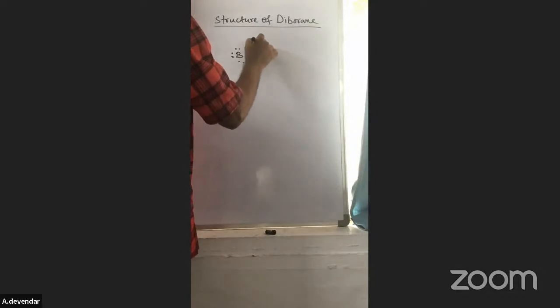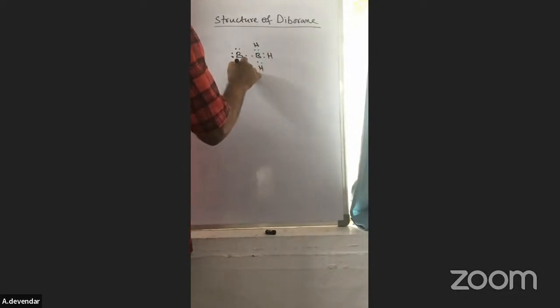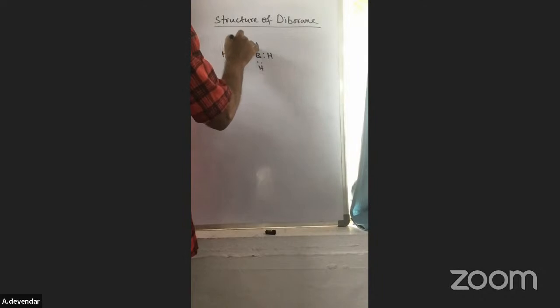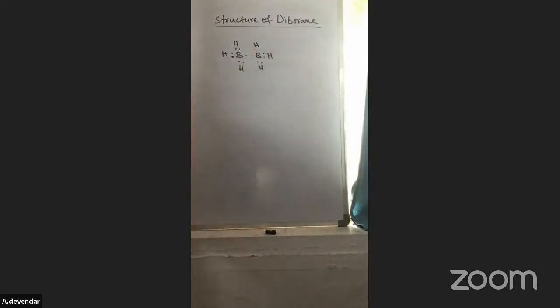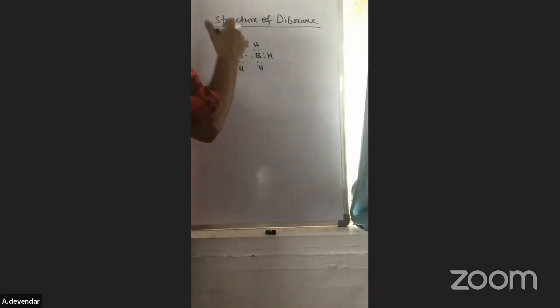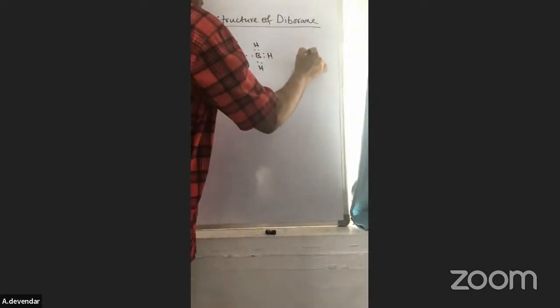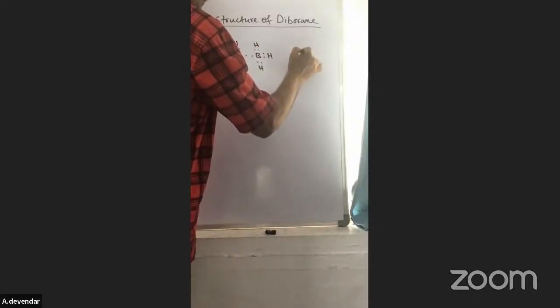Here hydrogen is there, here hydrogen, here hydrogen. This is the chance of an ethane-like structure. But here, what you see, the boron has only a single electron, so it does not have 7 electrons in this particular case. So 2, 4, 6, 7 electrons: it is not there like the ethane structure. Ethane is similar, you see.